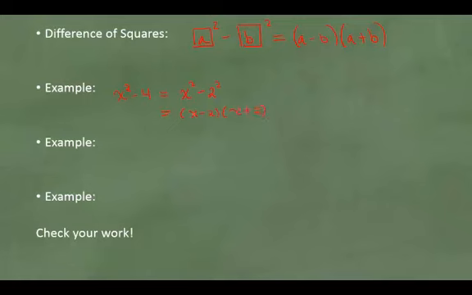Just whatever is being squared is what goes there. And you should check it. You can check it. X times x is x squared, x times 2 is 2x. Then negative 2 times x and negative 2 times 2. Notice that the middle cancels and you're left with x squared minus 4.